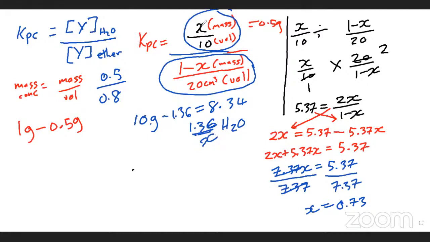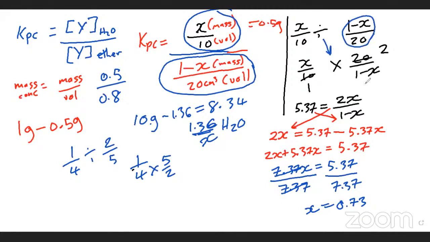All right. So we're dividing x over 10 by 1 minus x over 20. So remember, a little fraction: if you have 1 over 4 divided by, let's say, 2 over 5, it becomes 1 over 4 times 5 over 2, right? Hope you remember that. So that is why it's now x over 10 times 20 over 1 minus x. So we flip this side, so this changes to multiplication, and this part of it you flip.